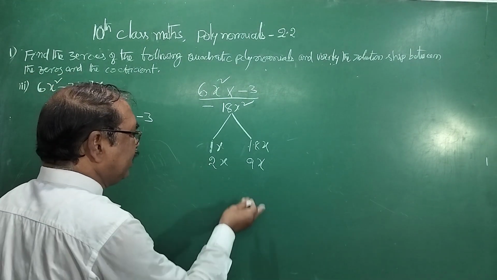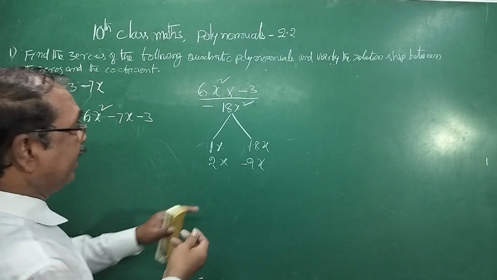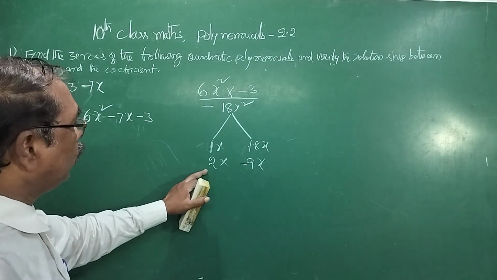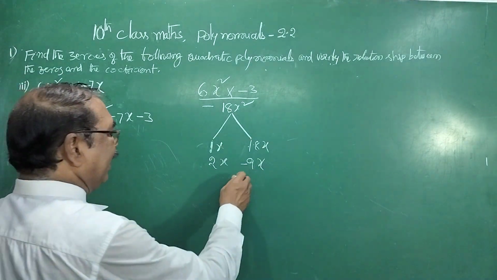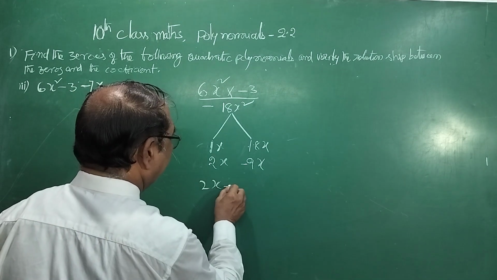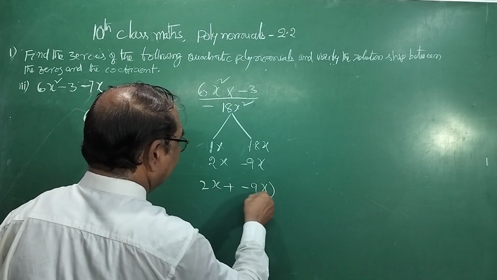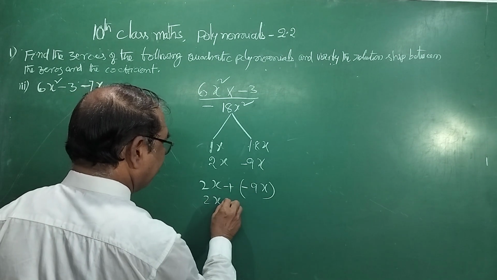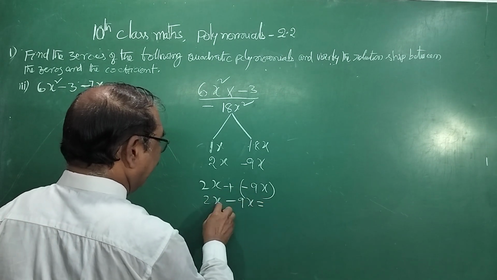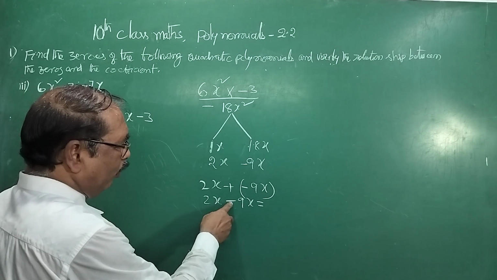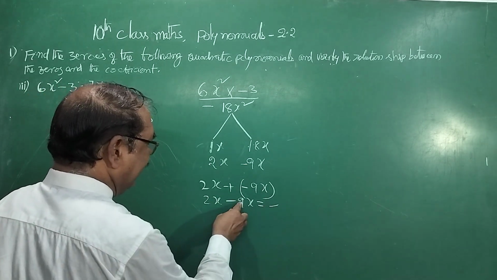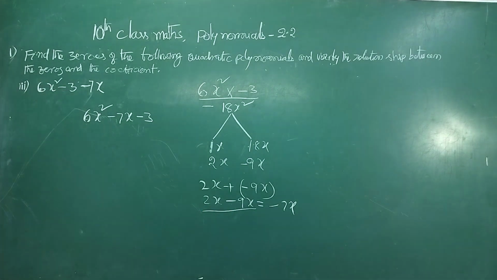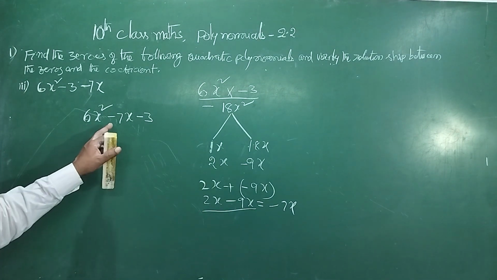So minus 9x and plus 2x. Minus into plus, plus into minus, gives minus 9x. What remained, the bigger value, is minus 7x. Yes, these two factors are suitable for this.